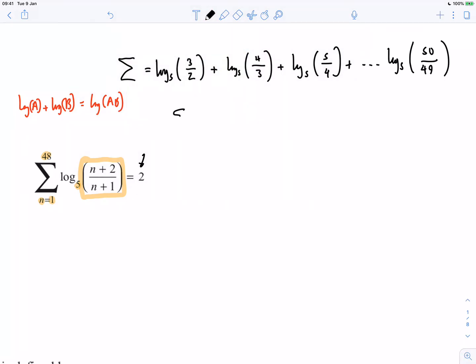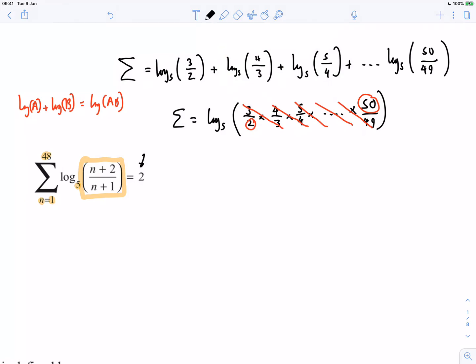Well, this sigma is going to be log base 5 of 3/2 times by 4/3 times by 5/4 times by, and so on and so on. And the last thing we multiply by is 50 over 49. Is there anything that strikes us odd about this? Well, look, these 3's will cancel, the 4's will cancel, and it looks like all these diagonals will cancel until the very last term, by which we'll only have a 50 on the top and a 2 on the bottom.